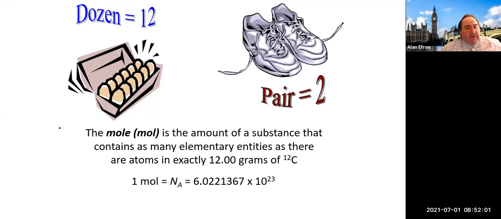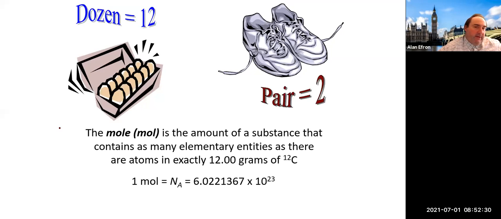If we say we have a dozen eggs or a dozen cookies, that name represents a specific amount, 12 in that case. Just like a pair of shoes: a pair means two.